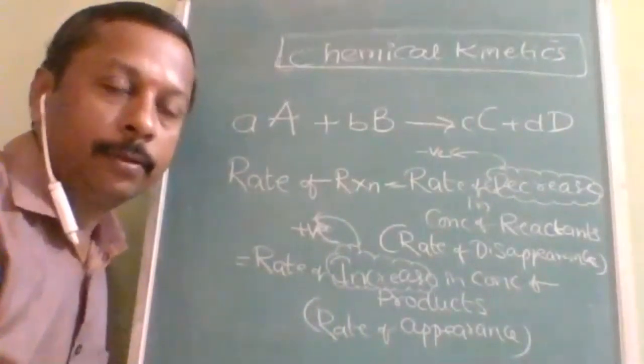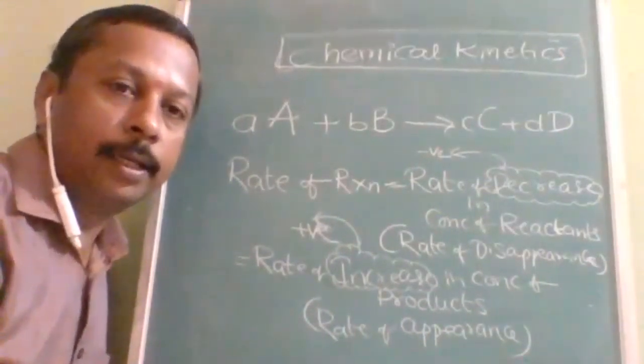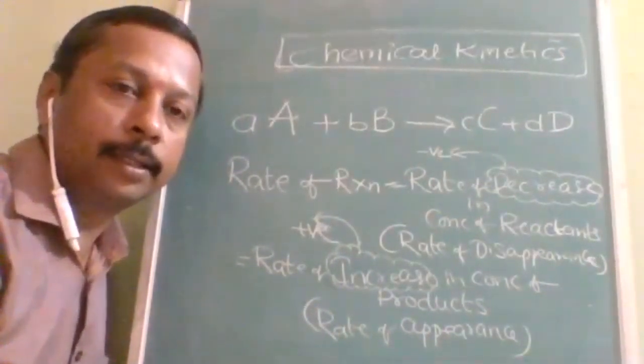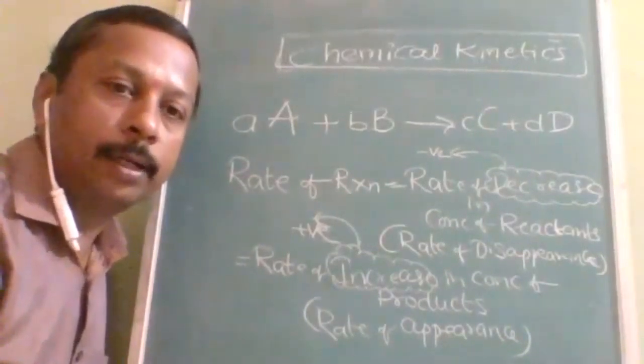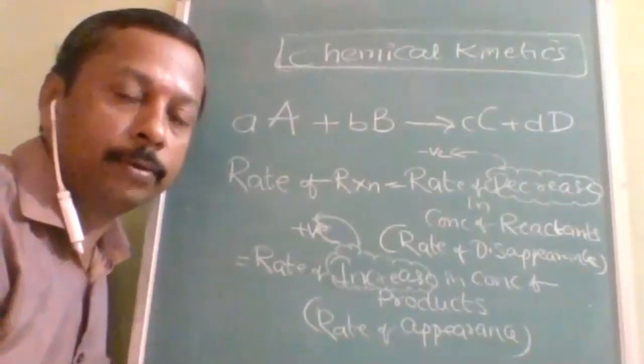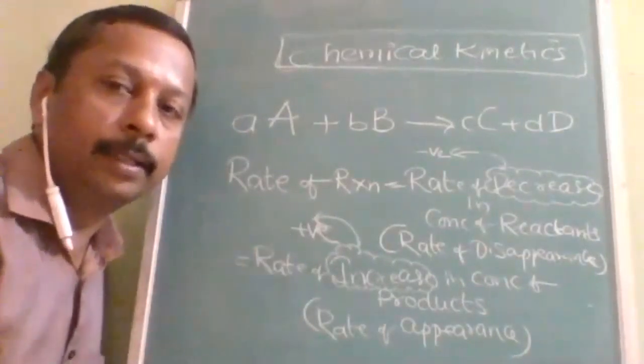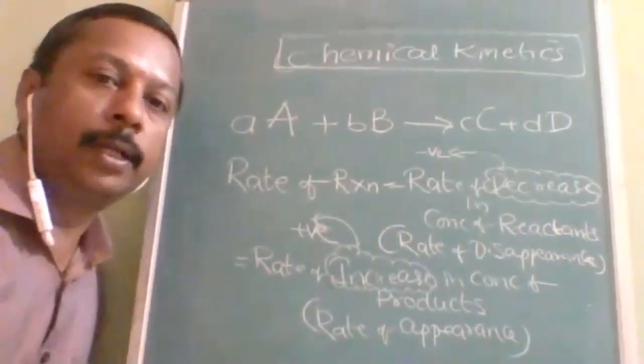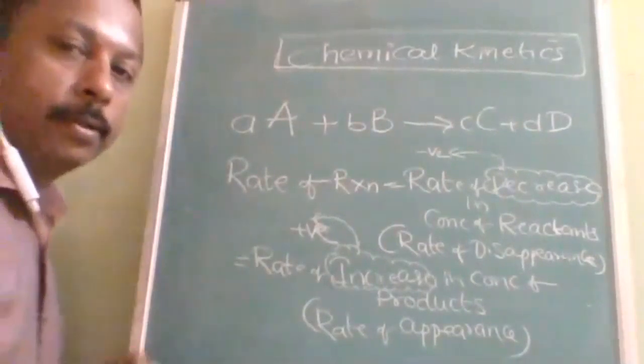But all the reactants may not react at the same speed, and all products may not form at the same speed. What is that logic? I will tell you. Up to here, I think it is understood. Now let us see the units.